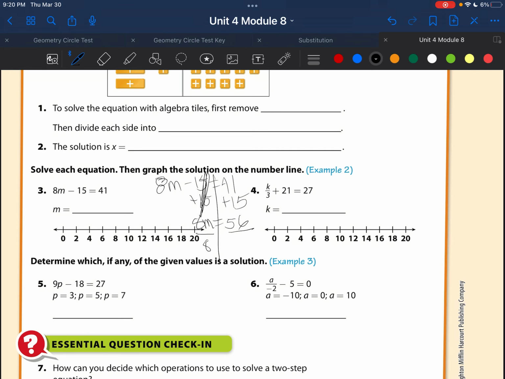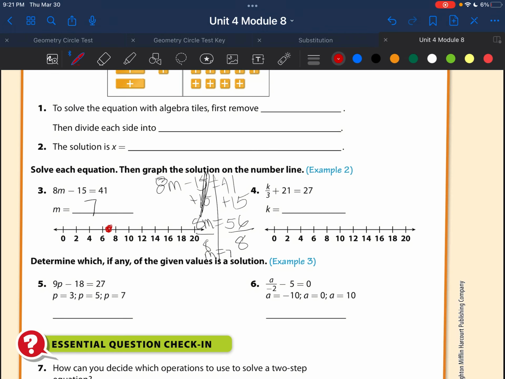I divide by 8, divide by 8. M should equal 7. So I write m equals 7. And then because it has a number line, it wants me to put a dot right here on the 7.